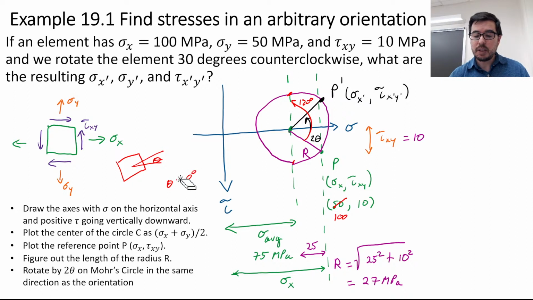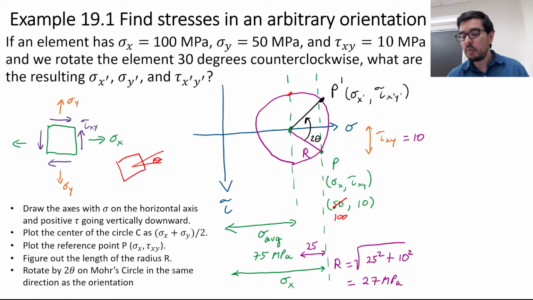This is wrong though, because the maximum in-plane shear stress is always going to be 45 degrees relative to the principal stresses. This angle from here to here is going to be 45 degrees. Oh, that's why I did it wrong, because I was going to this state.